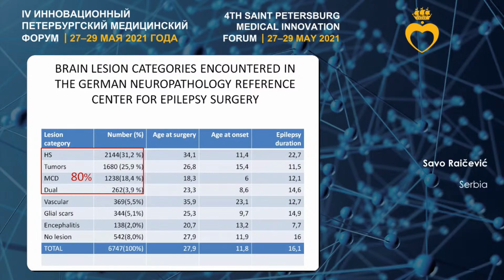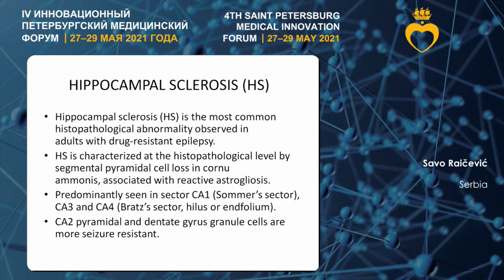Это 80% пациентов. И эти нарушения могут быть также сосудистыми, также могут быть глиальные рубцы, энцефалит, а также может не быть никаких видимых нарушений.